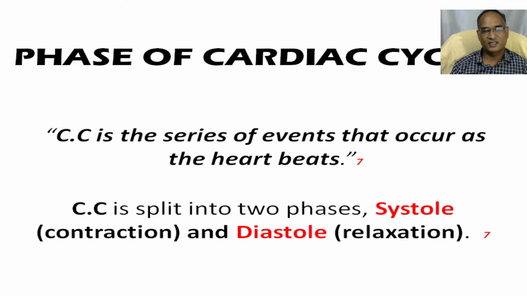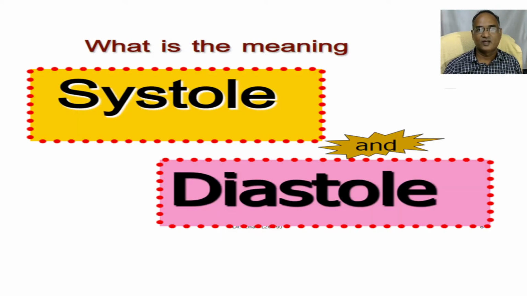Systole is contraction of the myocardial chambers, and diastole is relaxation of the heart chambers. The cardiac cycle is divided into seven different phases, and each phase has its own functional method. Before that, what is systole and diastole?